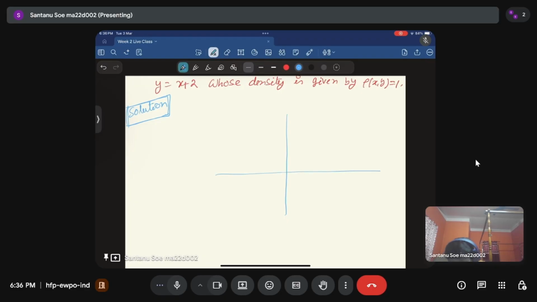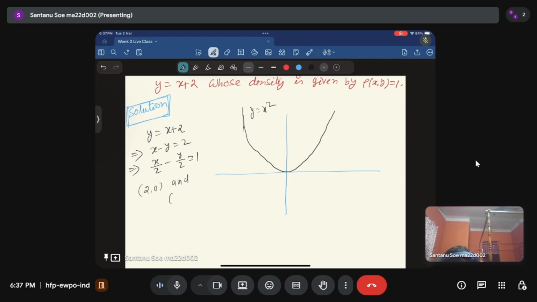So first, the parabola is y equals x squared. So this will be an upward parabola. So it's like this. So this is y equals x squared, and another straight line is given by y equals x plus 2. This implies x minus y equals minus 2, so the intercepting points are minus 2 comma 0 and 0 comma 2, right?